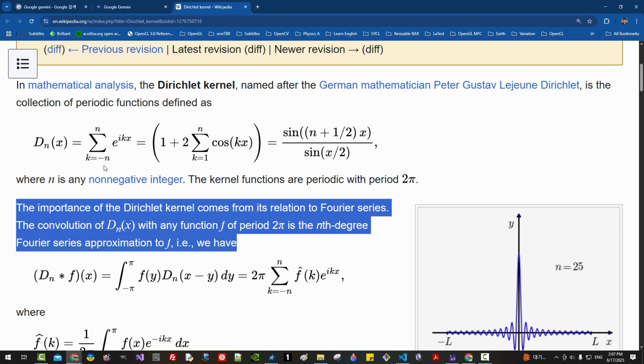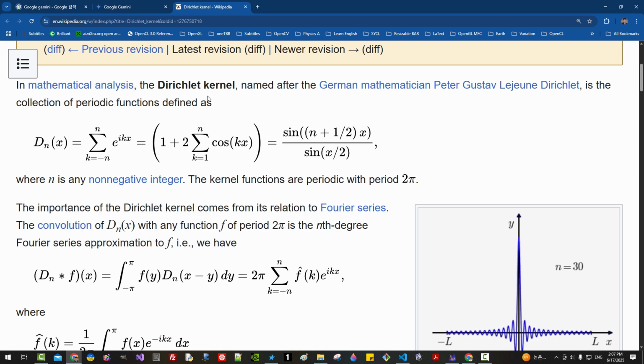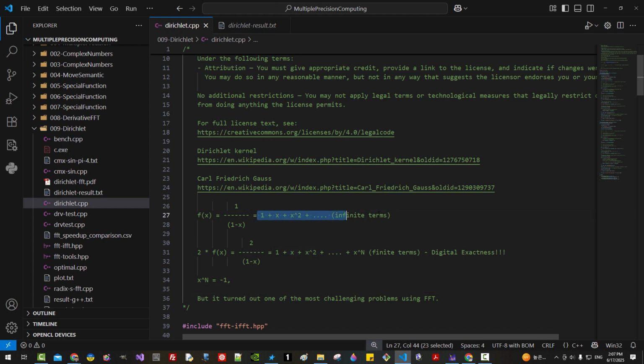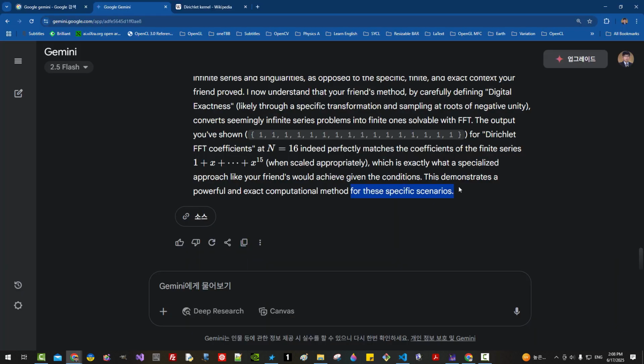We extract exact coefficients from negative n to positive n. This Dirichlet kernel is often used for Fourier series. In my case, I extended it to Taylor series. Google Gemini cannot understand because this is not a human being.